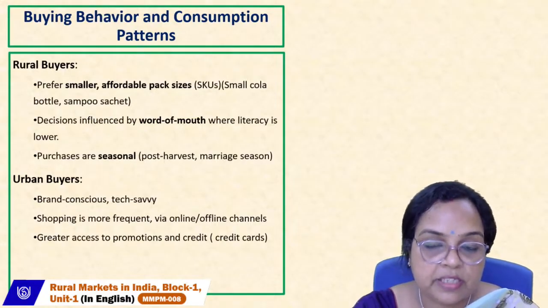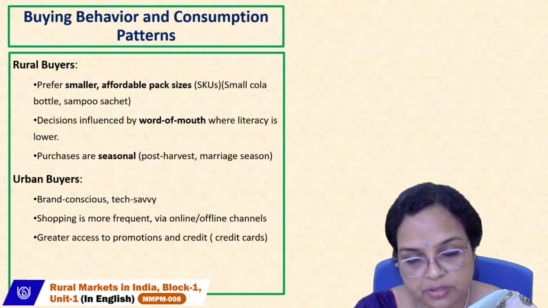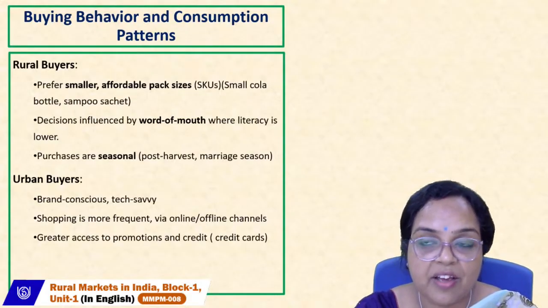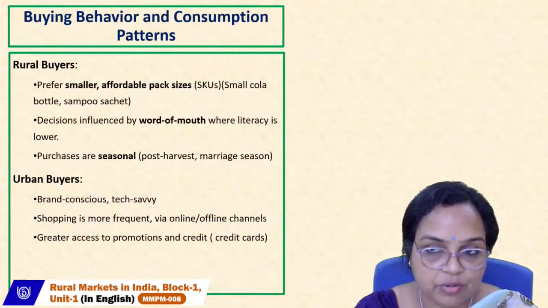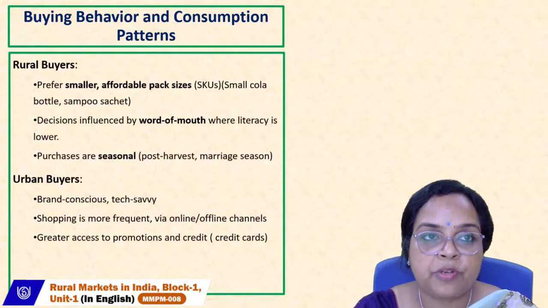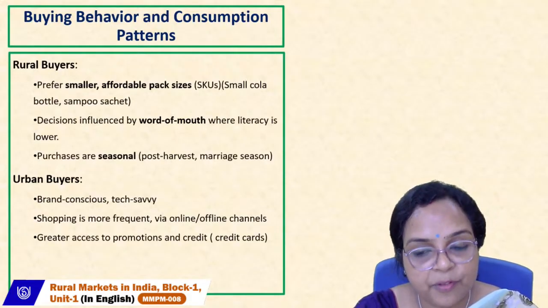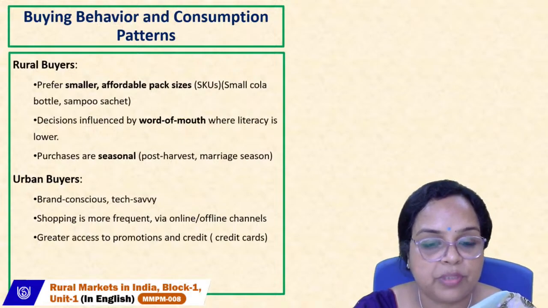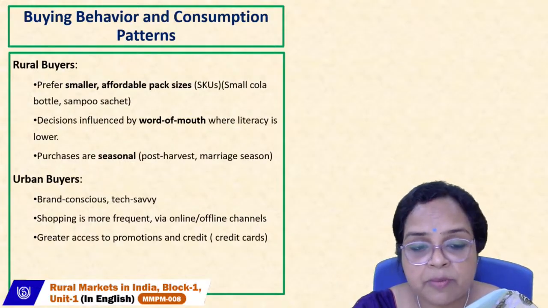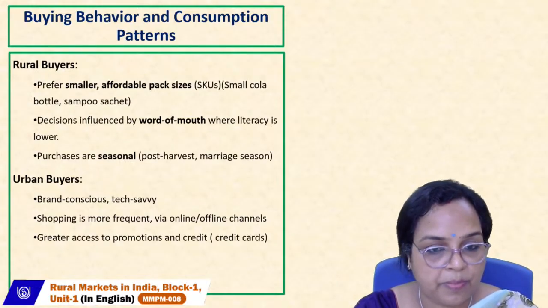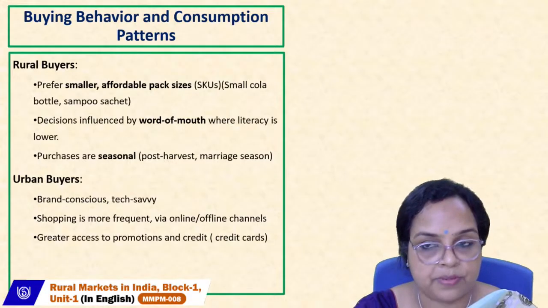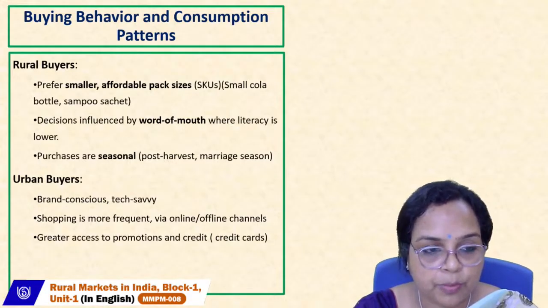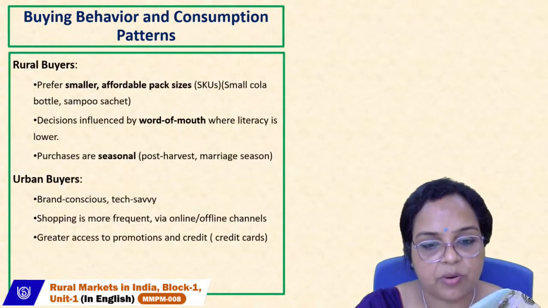Urban buyers are more brand conscious. They are more tech savvy. They have more product awareness due to social platforms, Instagram, product review feedback, and rating systems. They have all the knowledge about the product. Shopping is frequent. They do not shop seasonally. If you go to any urban area, you will see people enjoying shopping.